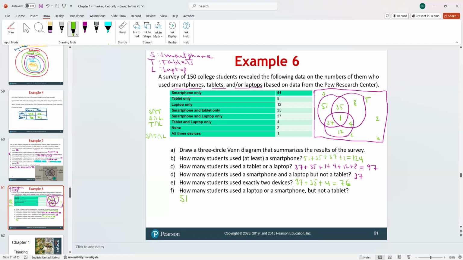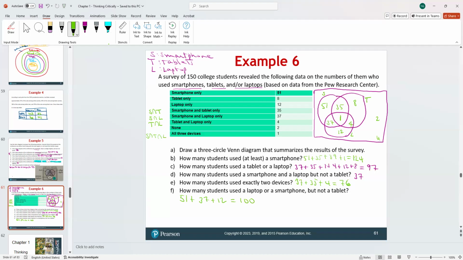So let's say we have 51. Yes, I agree. 37 is also on it. And 12, because we cannot take 35 because tablet is in it. We cannot take 1, tablet is in it. We cannot take 4. So we only need to add these 3. So we see that would give you 100. 100 use a laptop or a smartphone, but not a tablet, right?